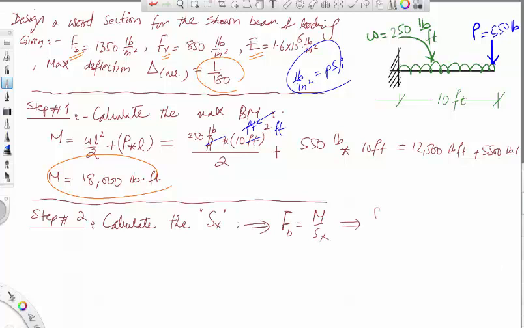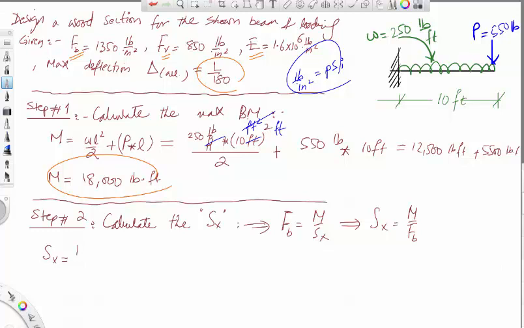From this we get Sx is equal to moment divided by FB. You need to watch for the units, because the units might sometimes be a problem. For Sx, if you look at the tables, you'll see it is in inches to the power of 3, so you need to get this value in inches to the power of 3 to be able to select a section.